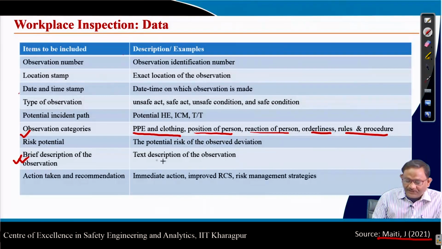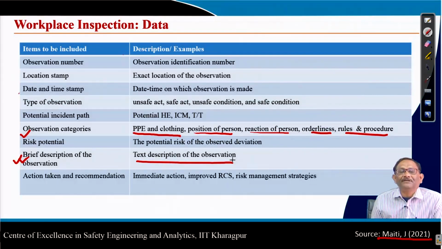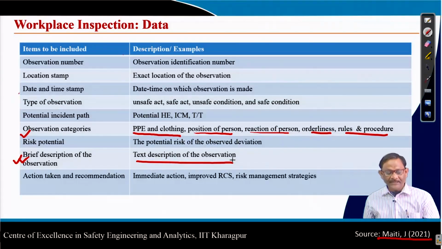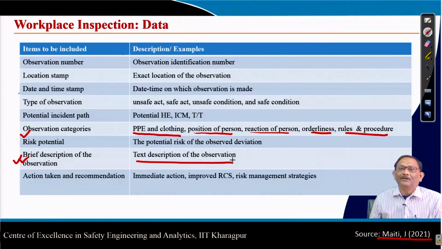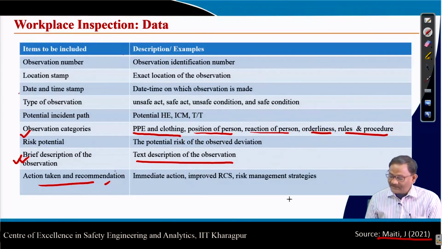Obviously, some description will be there about the observation, what you observe, because many times the categorical inputs will not give you total satisfaction, and maybe something you will miss. So then a brief description is required, and also the action taken and implementation. By saying this, I am not saying that the other part is not important.